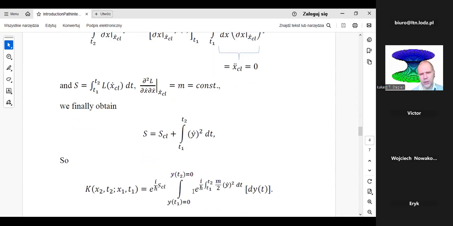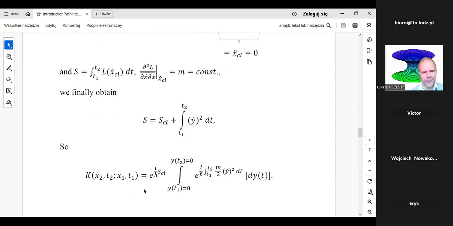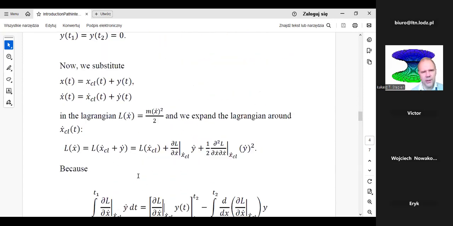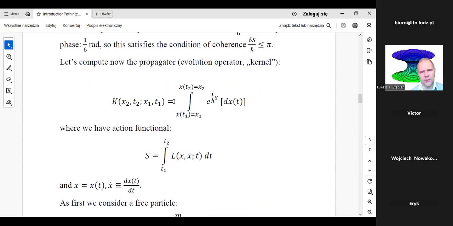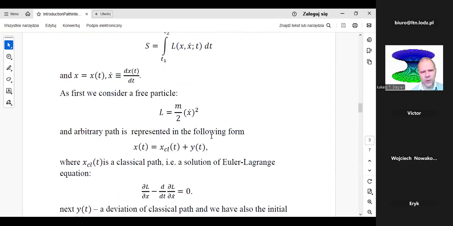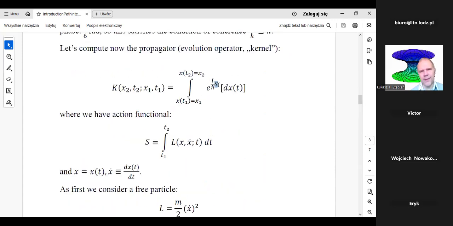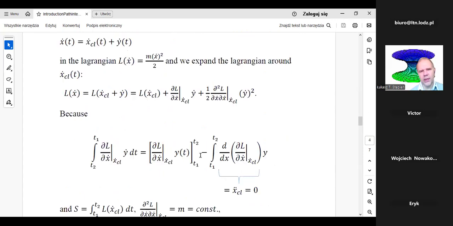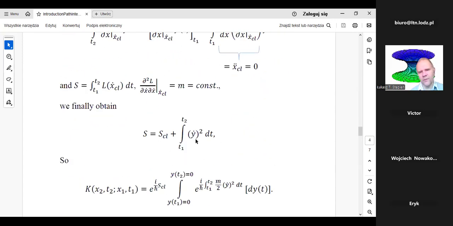So now we take into consideration this situation, so we can write our kernel in the form, yes. I think that this is clear, because the kernel originally was as follows. And of course, if we decompose the S functional as the sum, we get the following situation.